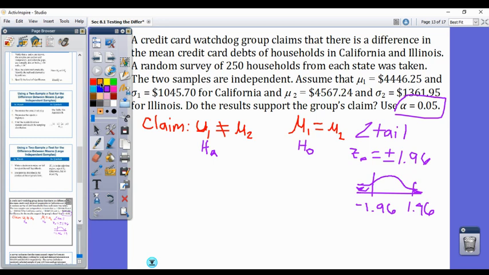Okay, so the first thing that I'm going to do is I need to find my standard error. And to do that, I'm going to use the following formula. In this case, we are allowed to substitute in our sample standard deviations for our population standard deviations because our sample size is large enough.